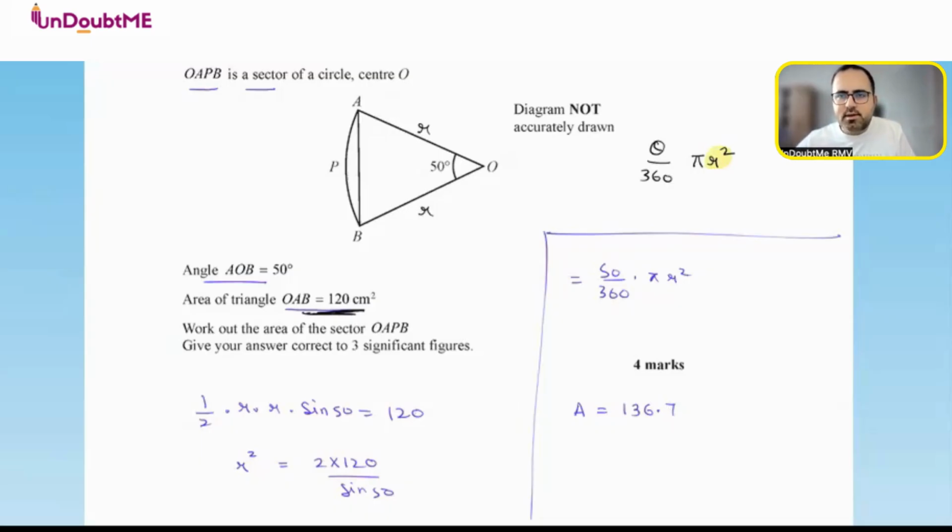Now it is asked to write your answer in 3 significant figures, so it will be 137. So our final answer for the area is 137 centimeters square. This question was relatively easy and we should just be clear with the approach.